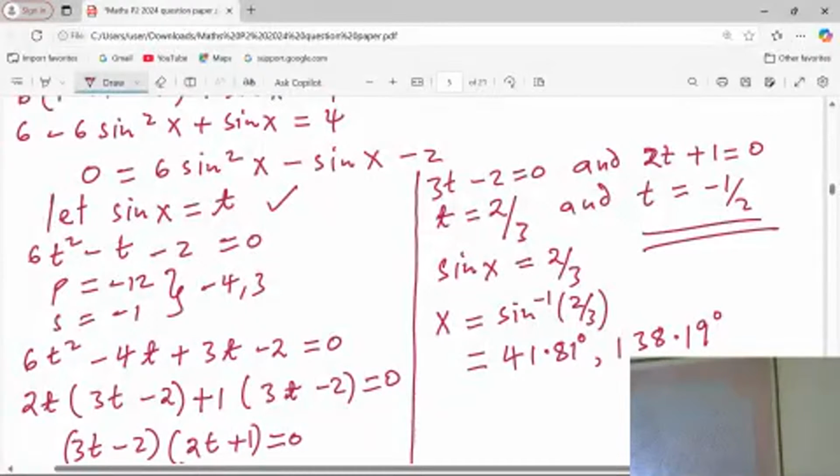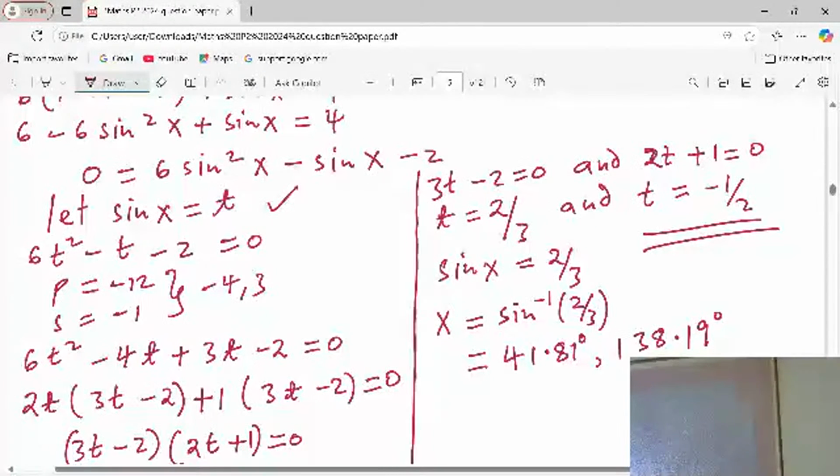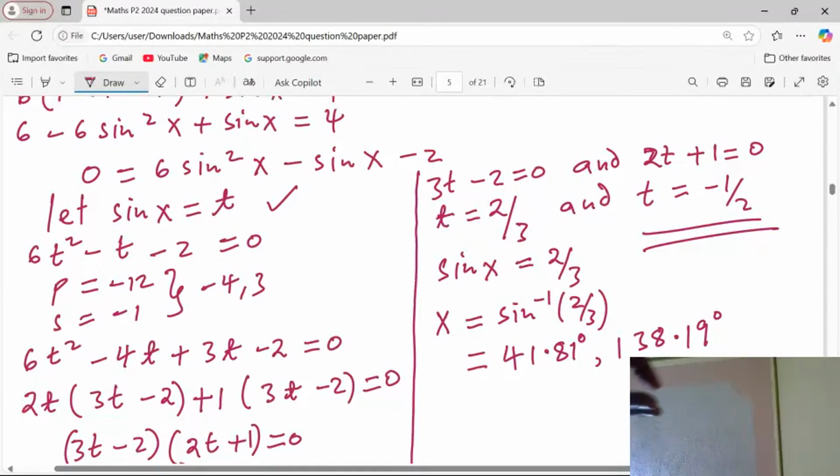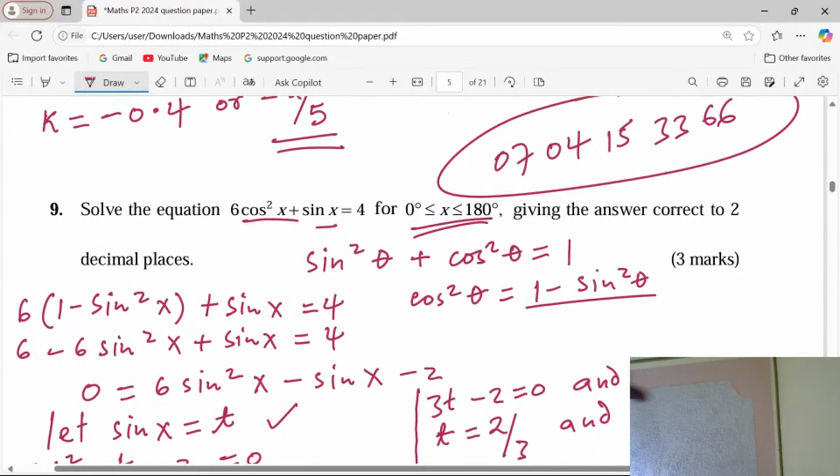It is in the third and the fourth quadrants. Angles measured in the third and fourth quadrants are usually greater than 180. So the second value of t automatically gets eliminated because of the range that we are working with.